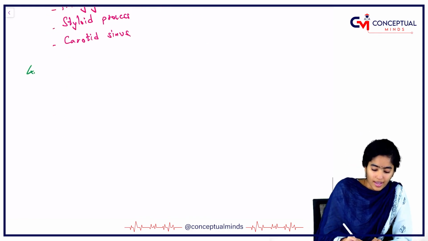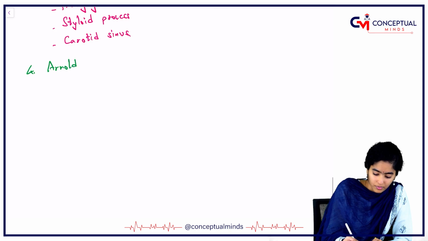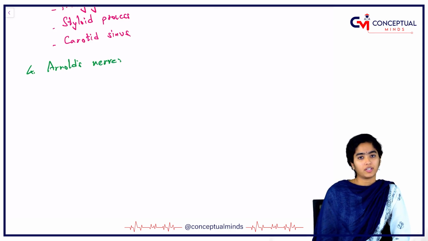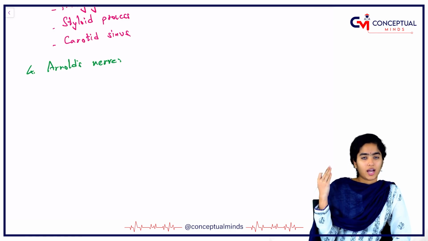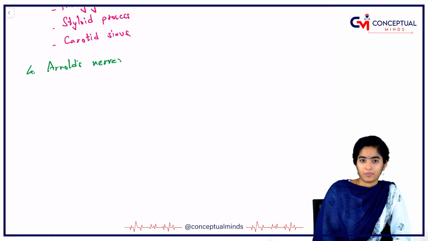And then we have Arnold's nerve. We know that Arnold's nerve supplies the inferior and posterior aspects of the external auditory canal, the concavity of the concha and the posterior half of the lateral surface of the tympanic membrane.